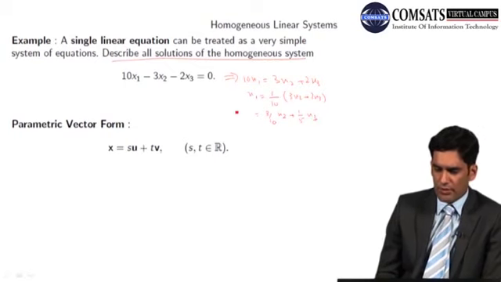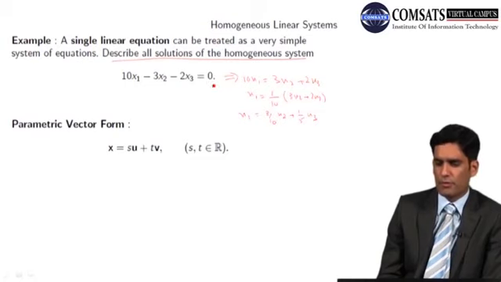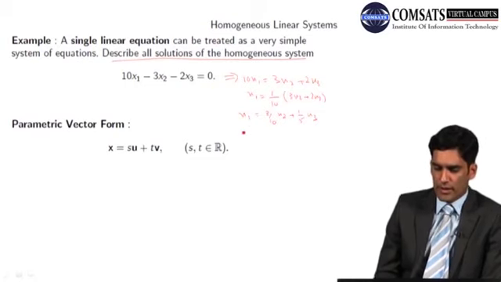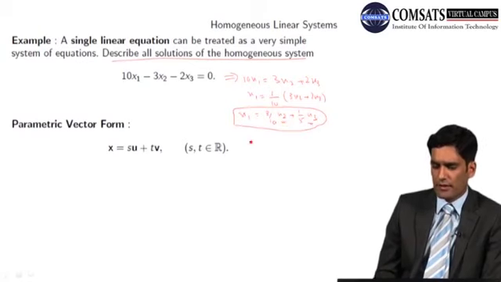This is the simplest system of linear equations with right hand side equals 0, which we have named a homogeneous linear system. This solution, the values of x1 are coming from the values of x2 and x3. So my conclusion is that x2 and x3 are free variables.